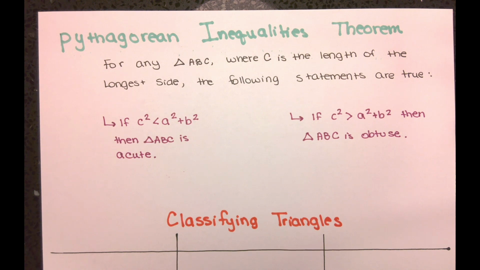Now again, think about what it is. We have a squared plus b squared, c squared, right? I'm not going to say equals because we're not talking about right triangles right now. An acute triangle is small and pretty, so the largest side is going to be smaller in the formula.